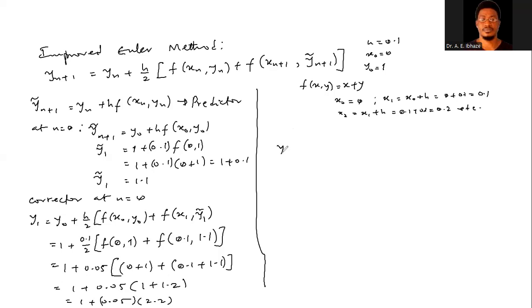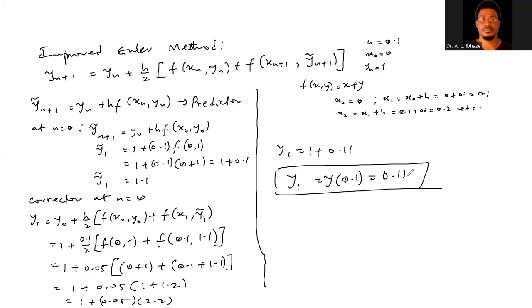And now y1 will be the same as 1 plus 0.11. y1, which is required to be computed at 0.1, is the same as 1.11 using the improved Euler formula. Well, it's an approximate value, which is close to the exact value of 1.12 as previously evaluated.